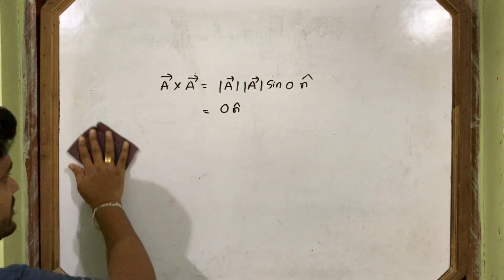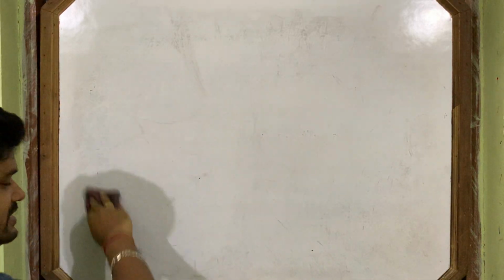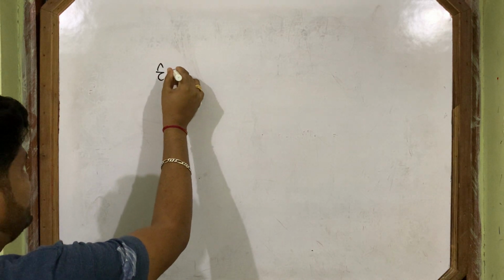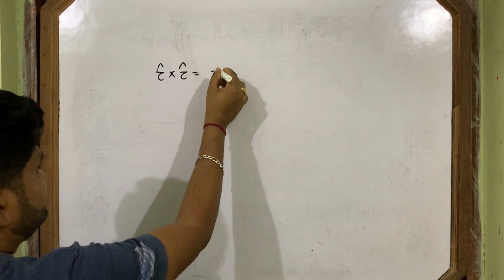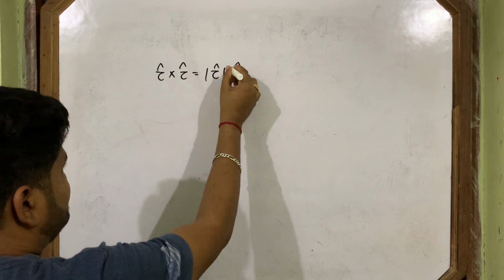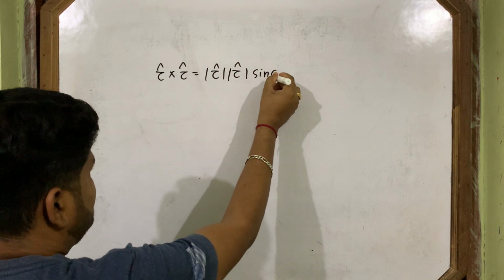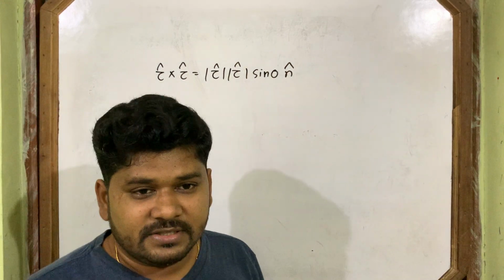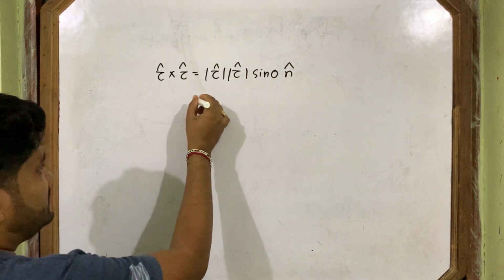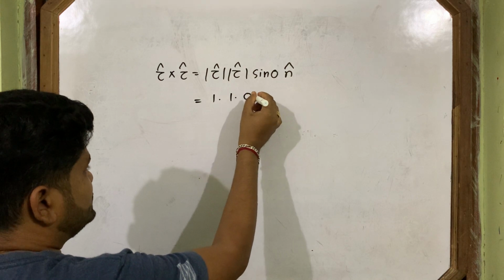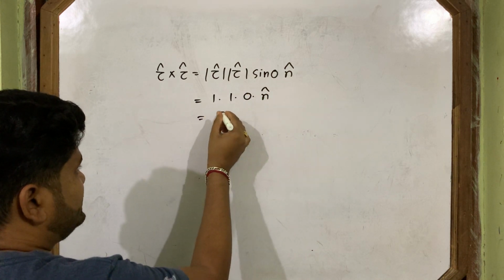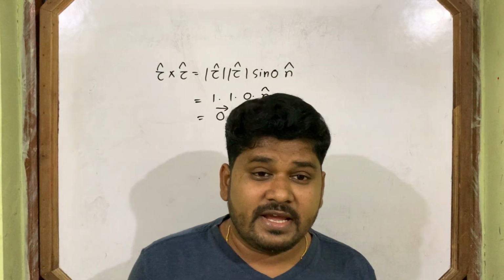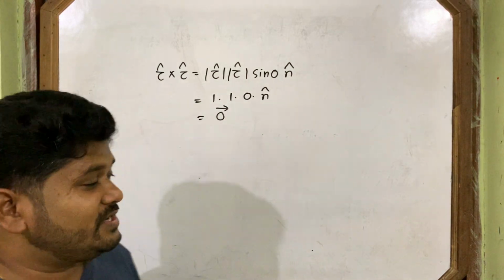Then we come to the cross product of unit vectors. I cap cross I cap is |A||B| sin 0 n cap. I put the formula here. So this is 1, sin 0 is 0, n cap. So this is a null vector. So I cap cross I cap is equal to 0.